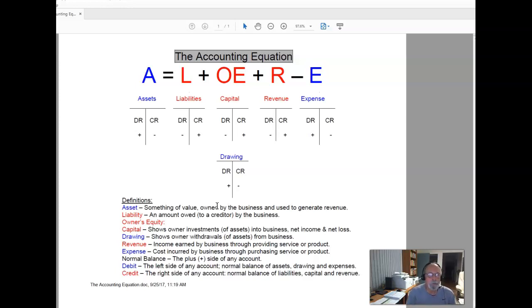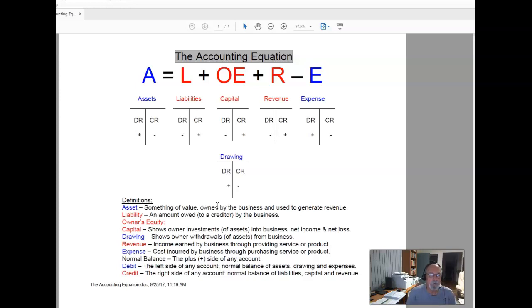You might notice right off the bat that I used basically three colors, but two colors are the main colors to distinguish between different elements in the accounting equation.